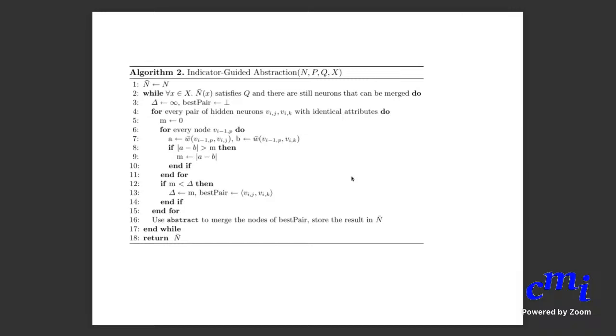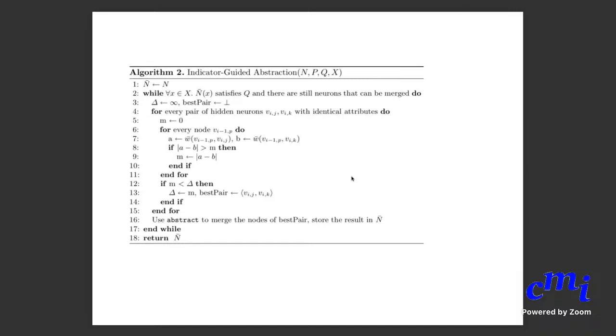By storing for each pair, after it compares, what its measure is. And it has to pick the pair whose maximal difference between any two corresponding weights is minimal. Okay, and that's what it does, and then it merges that, and it keeps doing it in that order of those pairs as long as the property is never violated on the abstract network.